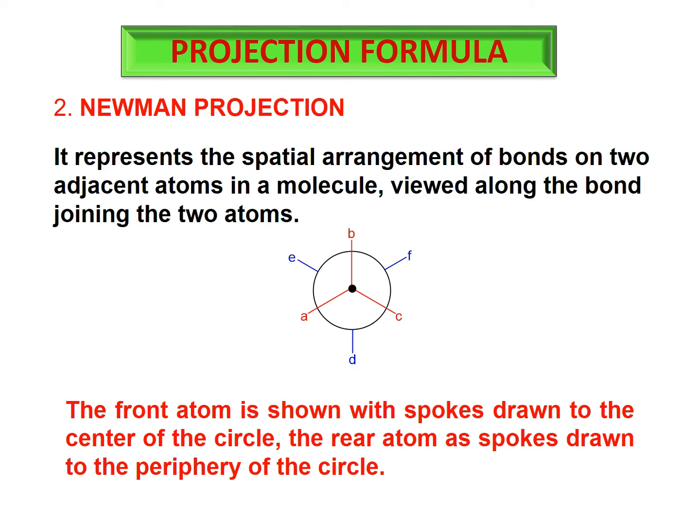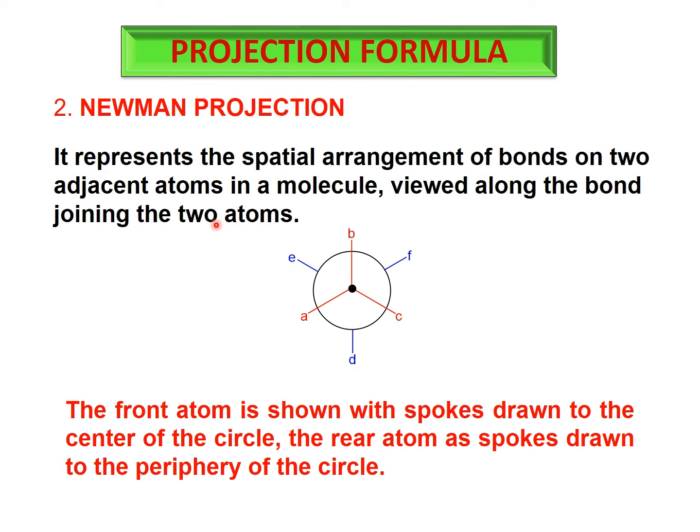You take two carbon atoms into account, look at the molecule through the bond joining those two carbon atoms, and then draw the groups attached to both carbon atoms according to their spatial arrangement. So this is how a Newman projection looks.